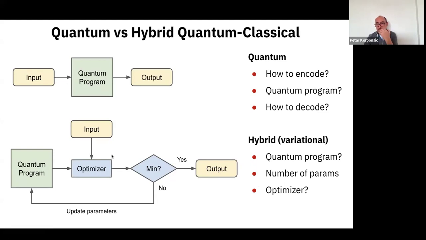We have barren plateaus. It's very hard to optimize, and it's challenging to make an optimizer which will perform well. So hybrid algorithms have different difficulties.